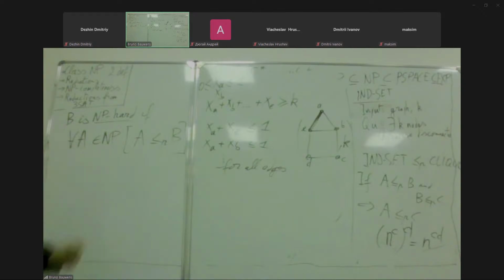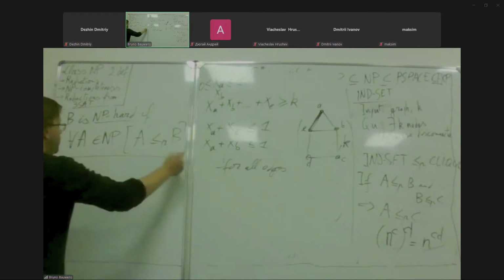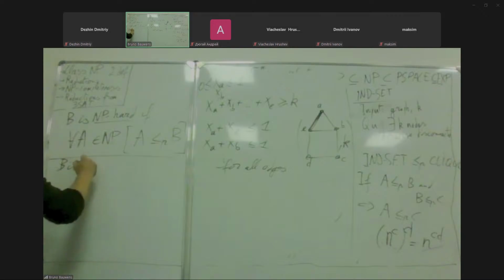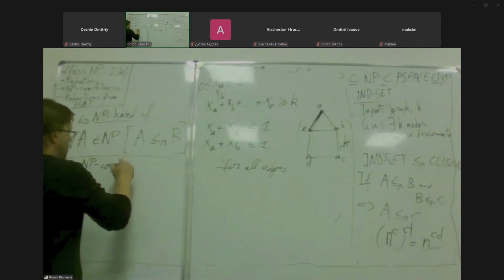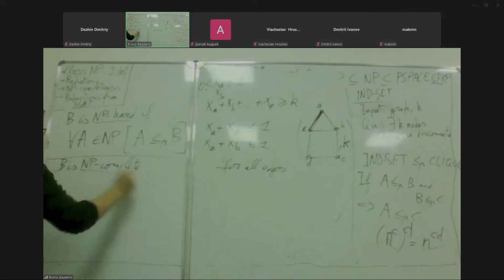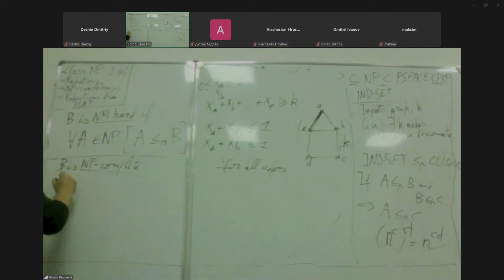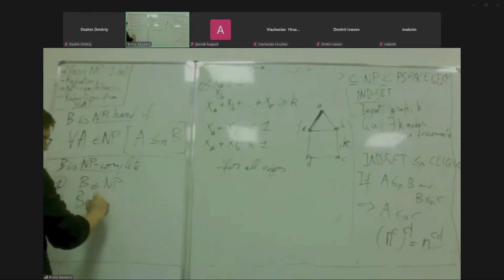Extremely easy. And NP-complete has two conditions: A is in NP, and A is NP-hard.